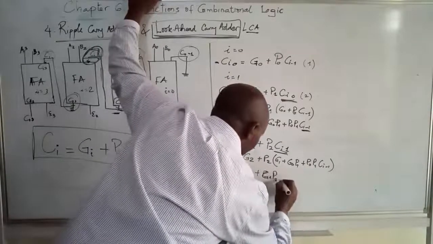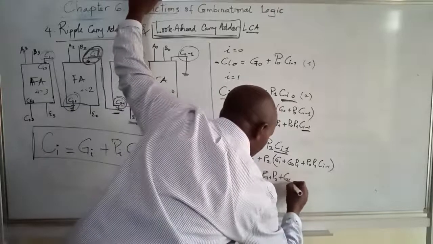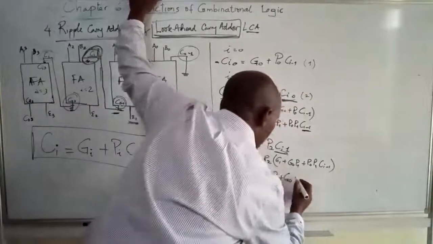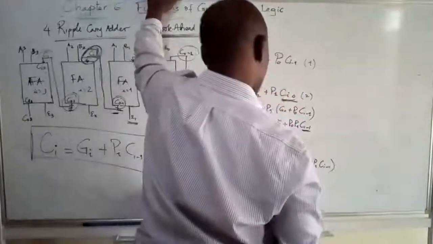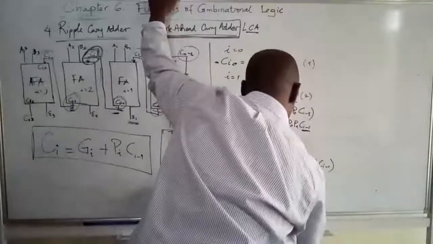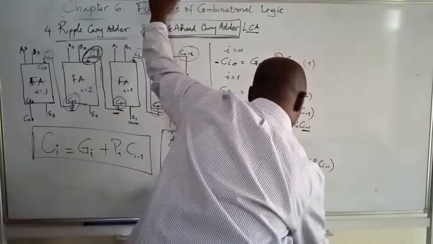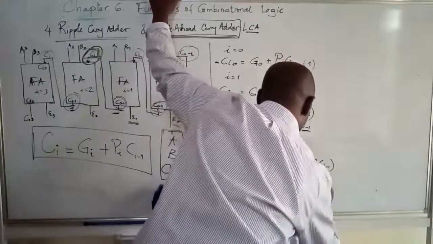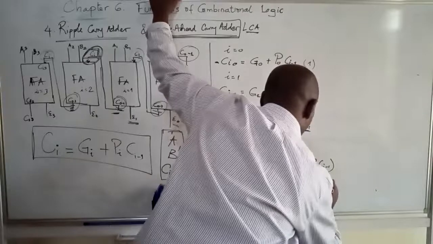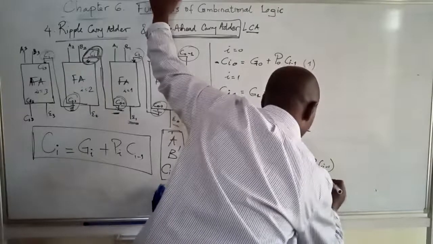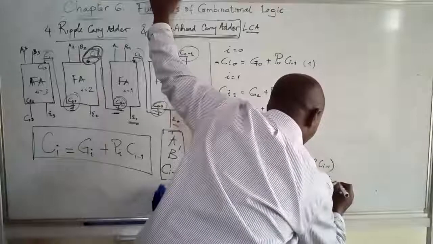So G1, P2 plus G0, P1, P2 plus P0, P1, P2, C in minus 1.